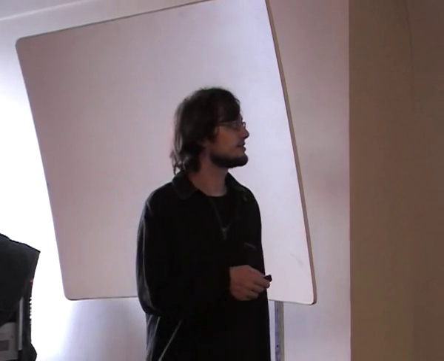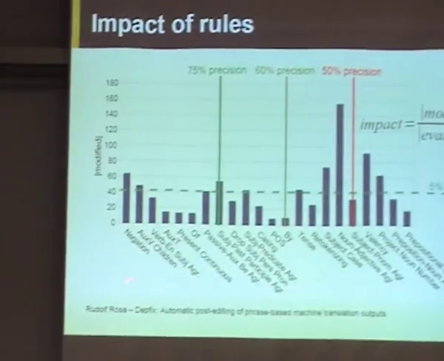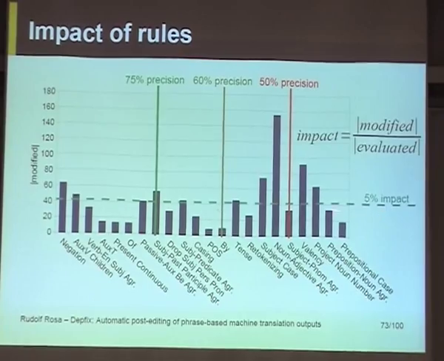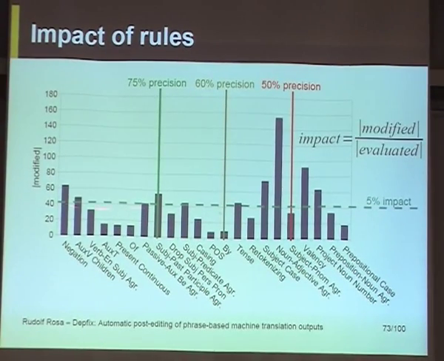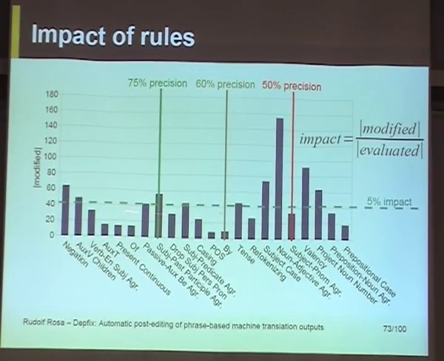Another evaluation is the impact of the rules. It means how many sentences get changed by an individual rule. So here that's the number of the sentences from the dataset that were changed by these rules. Here this one is 5% of the sentences, so the whole dataset was some 800 sentences.